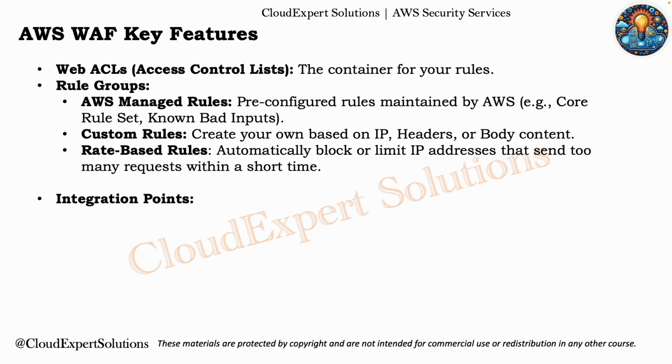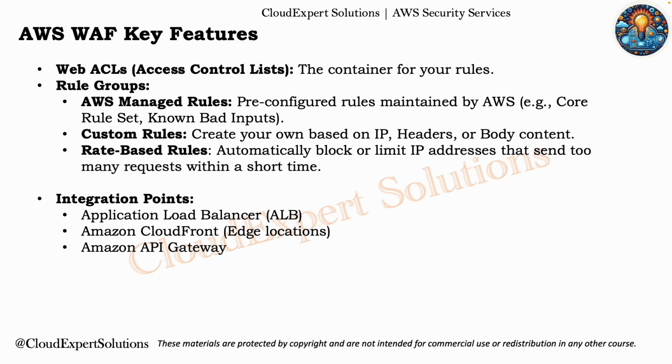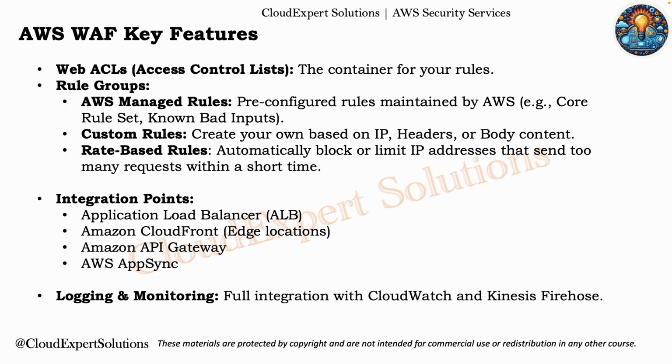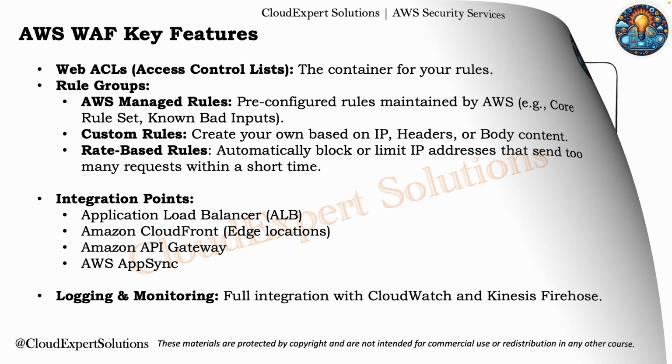AWS WAF integrates seamlessly with key AWS services like Application Load Balancer, CloudFront, API Gateway, and AppSync, which allow you to protect your web applications and APIs at the edge or at load balancer level. Finally, AWS WAF provides logging and monitoring through CloudWatch and Kinesis Firehose, which will give you full visibility into allowed, blocked, and counted requests for analysis and auditing.